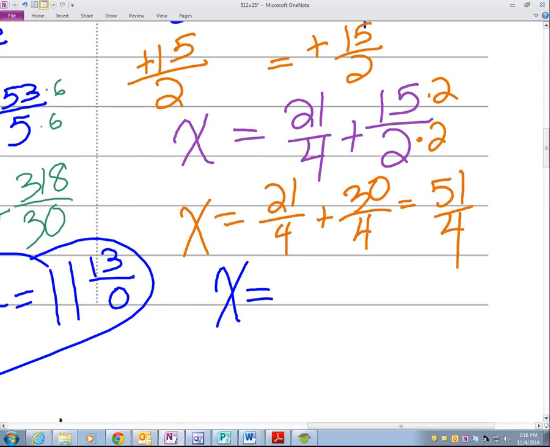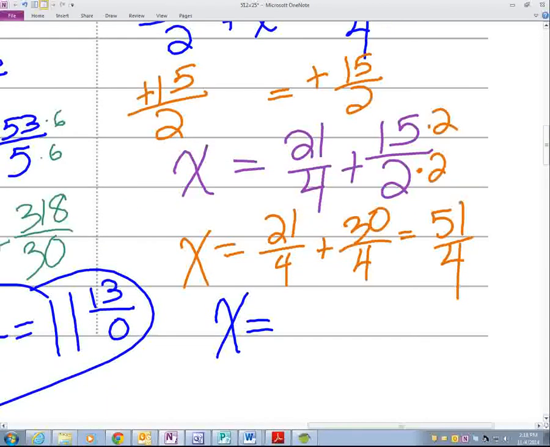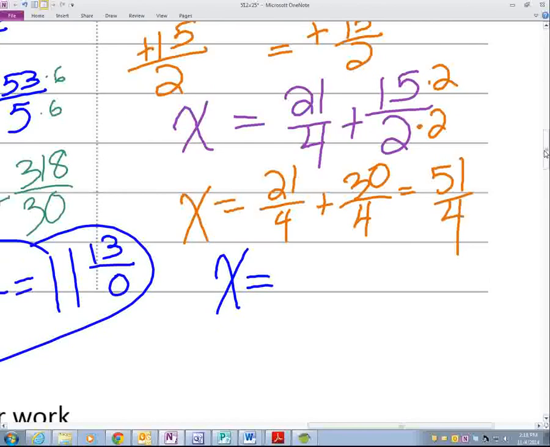No, there's no negative numbers after we did this. Now 51/4, I know that 4 times 10 is 40, and 48 would be 12, and that's really close to being 51.